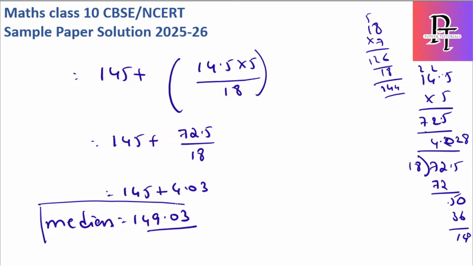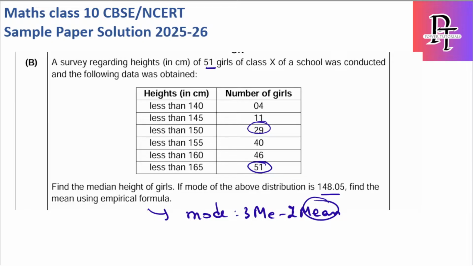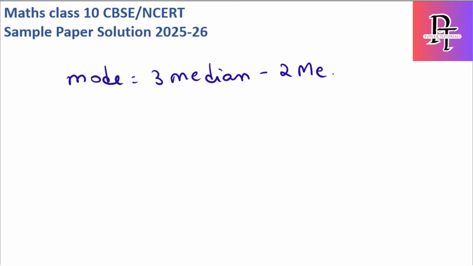So now we got the value of the median. Now using the empirical formula we need to find the value of the mean, because the mode value is provided. Mode is 148.05. I'll write the equation first: mode is equal to 3 median minus 2 mean.